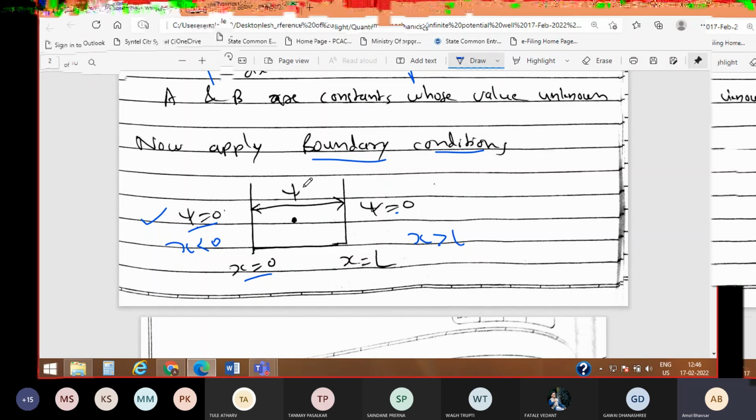You just remember this point. So I am getting this equation, that is nothing but the sine wave, okay.